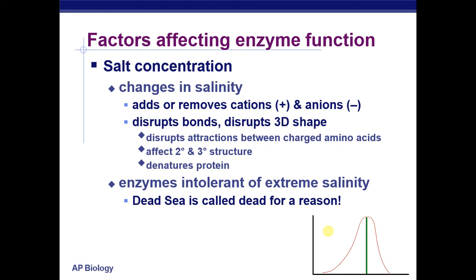So changing salt concentration can affect the ionic bonds within a protein. The salt breaks into positive sodium ions and negative chlorine ions, and they will be attracted to the different positive and negative parts of the ionic bonds in the tertiary structure of a protein and cause, again, denaturing, which will decrease the enzyme's function.